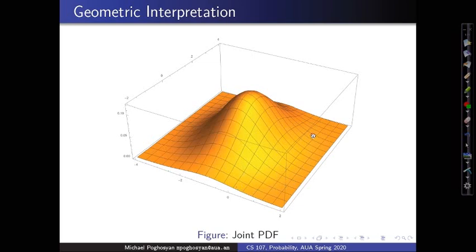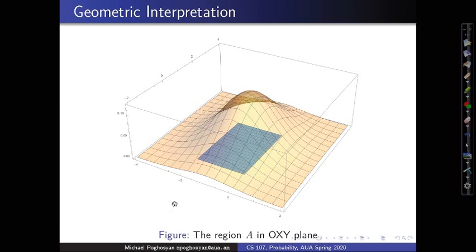Say this is our joint PDF surface, x-axis, y-axis, and assume we want to calculate the probability that our random vector (X, Y) is in A, and A is this region.